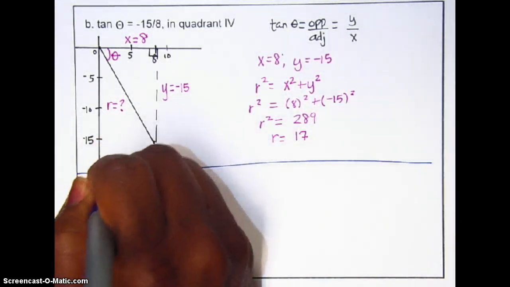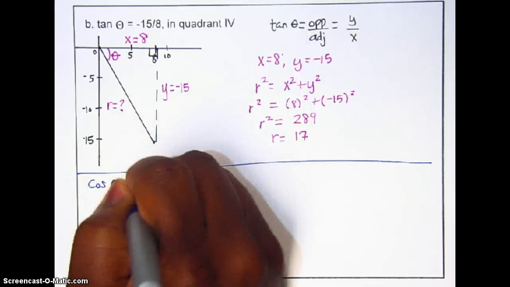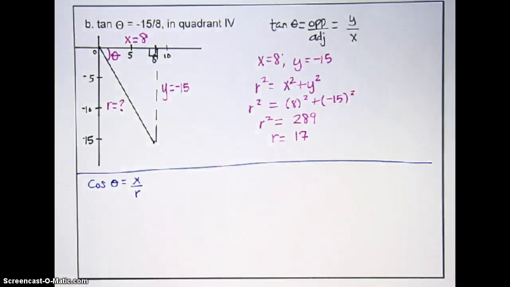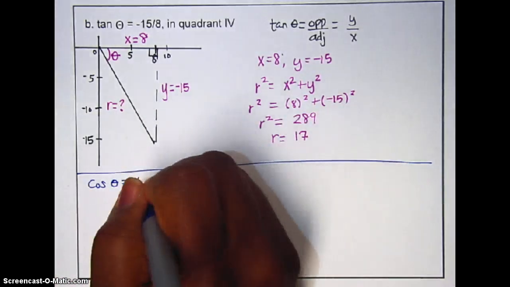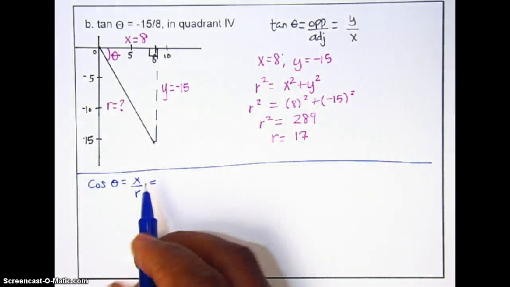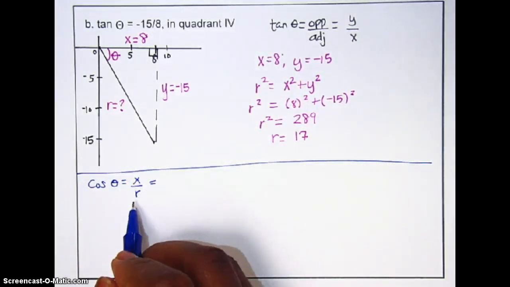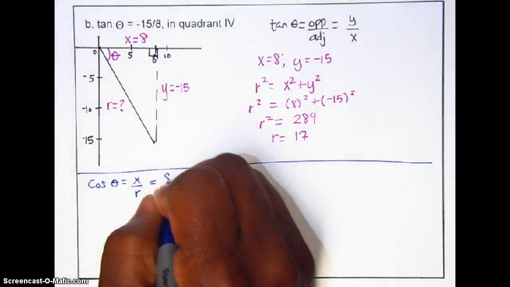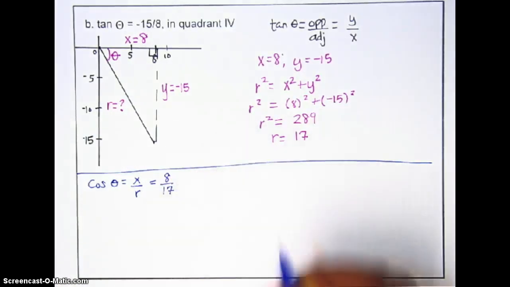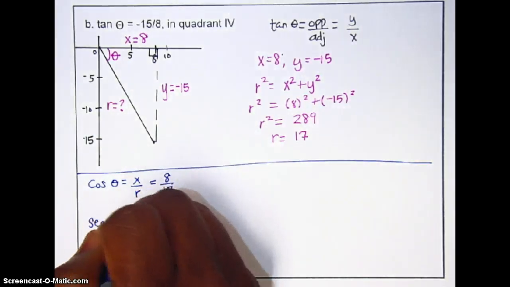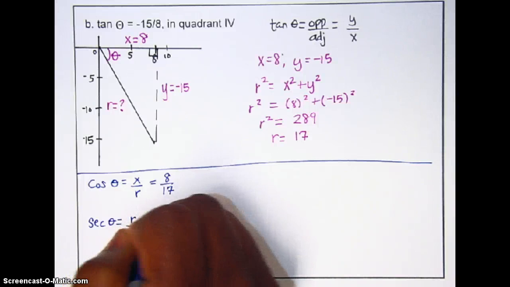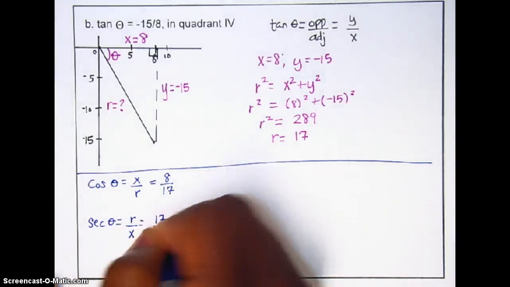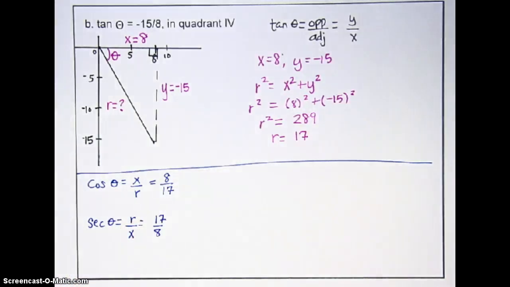Beginning with cosine. Again, cosine can be found as the ratio of the x-coordinate to the radius, or the r-coordinate. So cosine is 8 over 17. Likewise, secant, which is the reciprocal of cosine, or r over x, is 17 over 8.